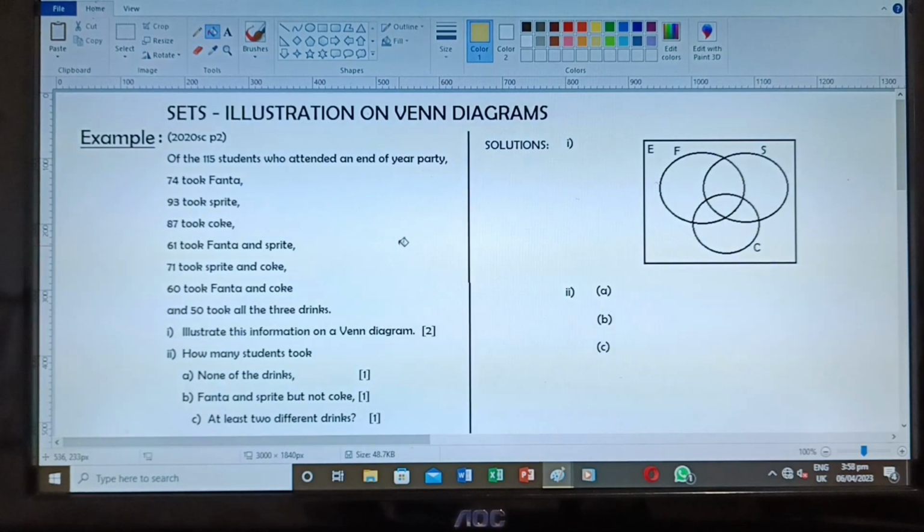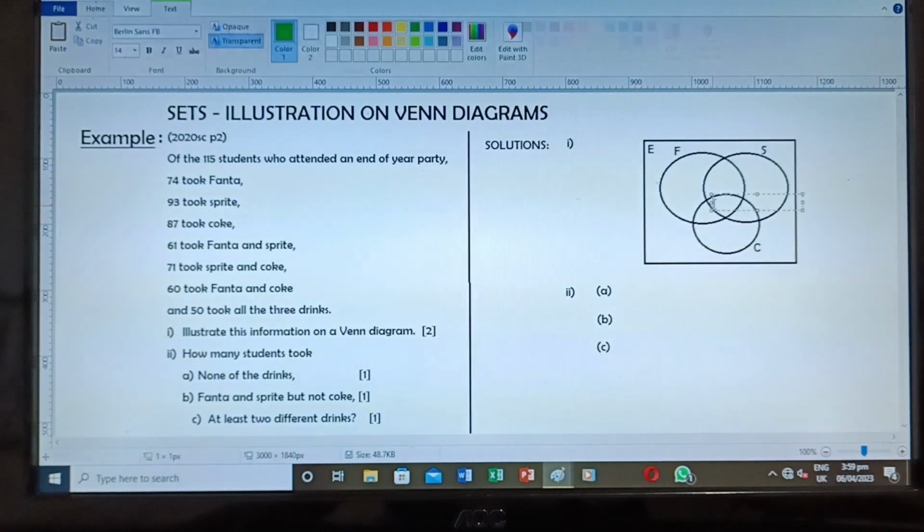Based on the information that we have gathered, the first region that we need to take care of is the region in the middle, this region here. This region in the middle represents those that took all the 3 drinks. We are told that they were 50.